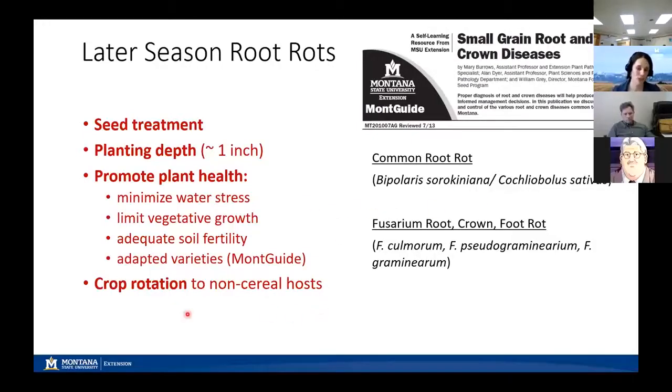And of course, one important management recommendation, which you will hear several times throughout today's talk, is crop rotation. It's important to interrupt your crop sequence with some non-cereal hosts, which suppress or reduce the amount of pathogen present in the soil and thereby disease risk in following seasons.